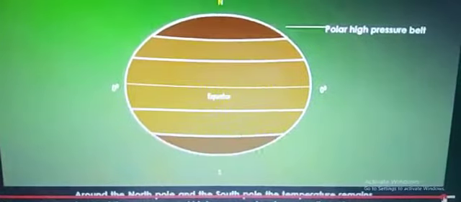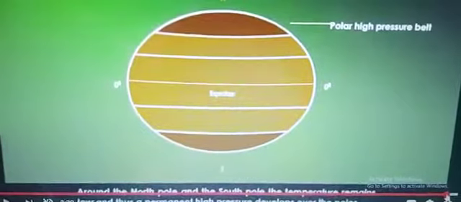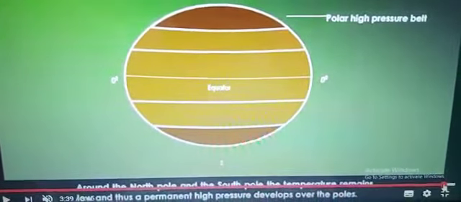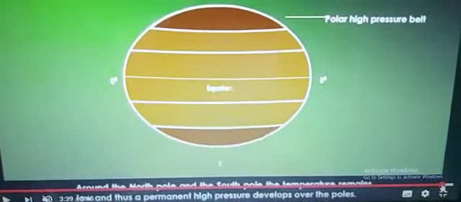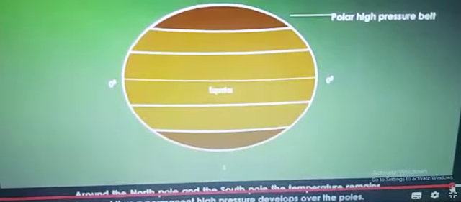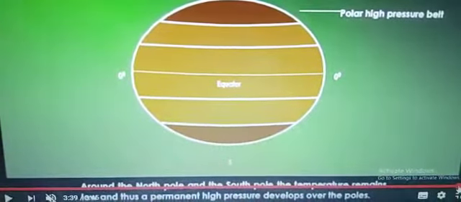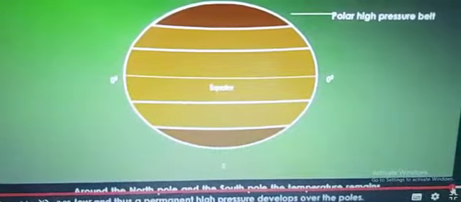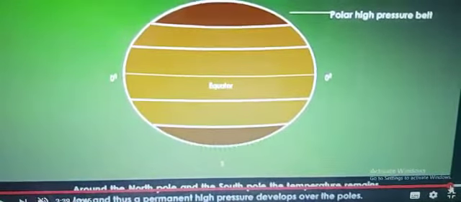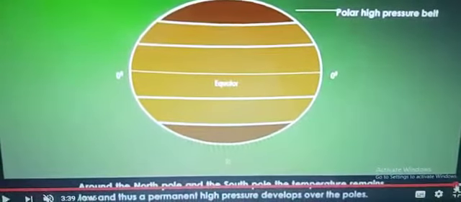Where one part of the earth receives continuous heat, it experiences summer, whereas on the opposite side, in the southern hemisphere, they have winter. On 21st June, the sun is overhead on the Tropic of Cancer. The Tropic of Cancer is toward the north of the equator.